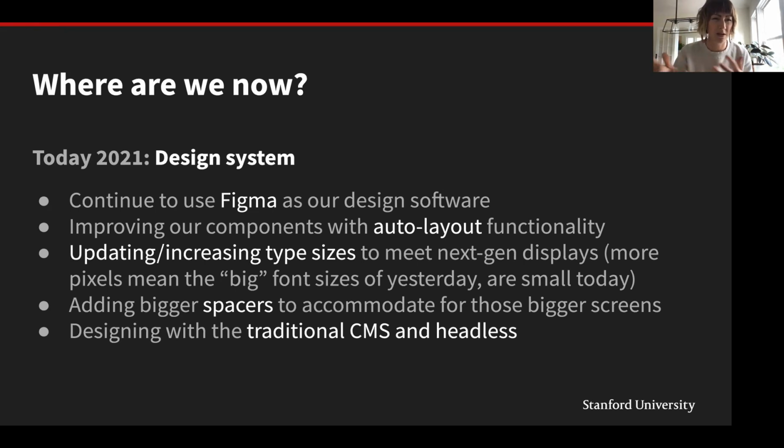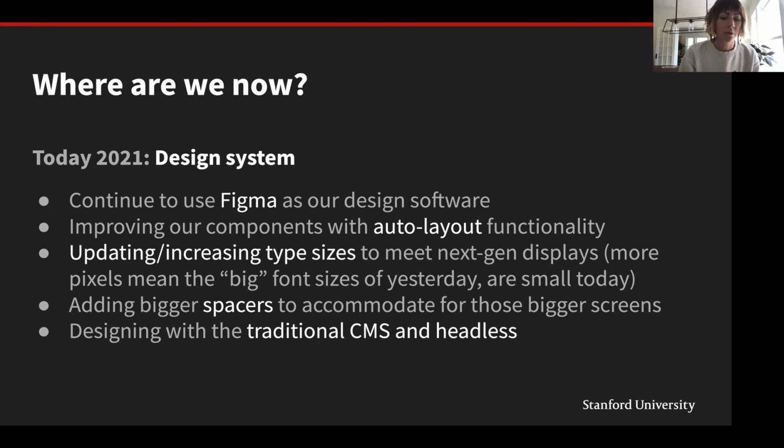We expect to continue to do that over, maybe every 1 or 2 years. Our spacers are getting bigger for the same reason. So the spacers themselves we're just adding kind of at the end. We're adding a 100 pixel spacer and a 200 pixel spacer to make sure that we can accommodate for those screens where the density of the pixels is getting smashed.